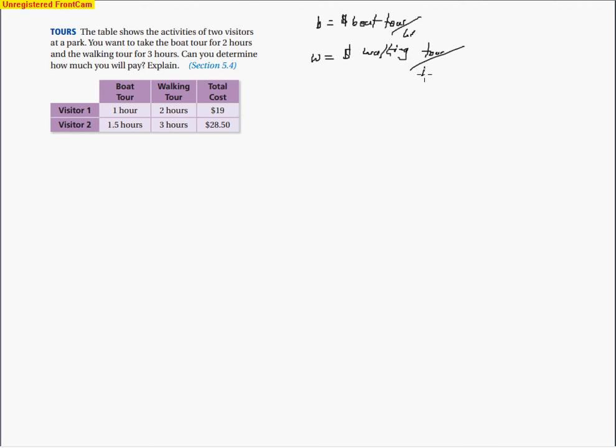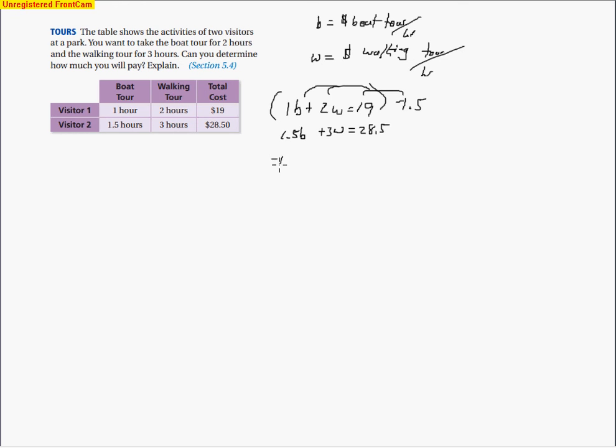And so let's go ahead and set it up. I've got 1b plus 2w equals 19, and the next one's going to be 1.5b plus 3w equals 28.5. I'm going to try to cancel out one of these terms. I'm going to multiply this bottom equation by negative 1.5, and that's going to cancel out the 1.5b here.